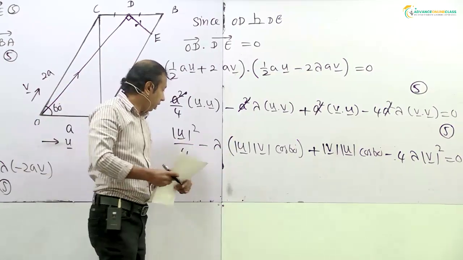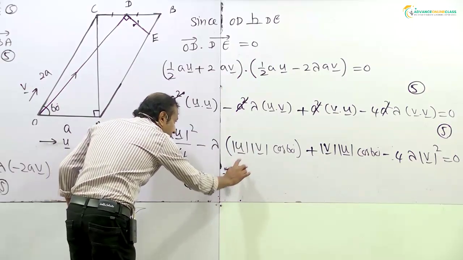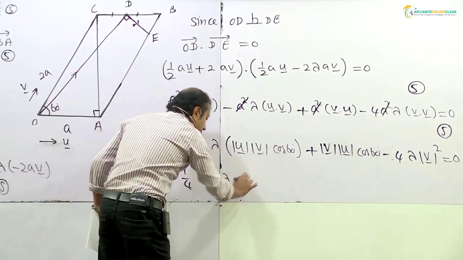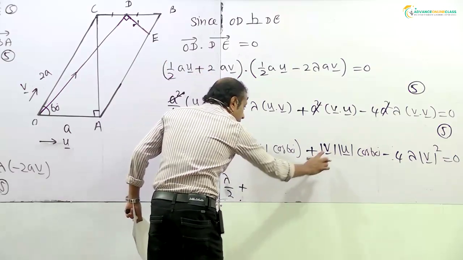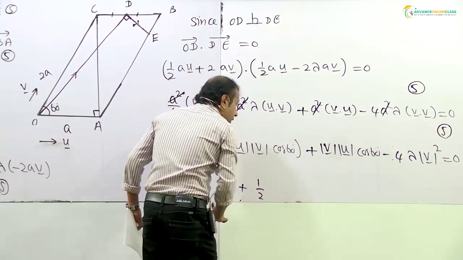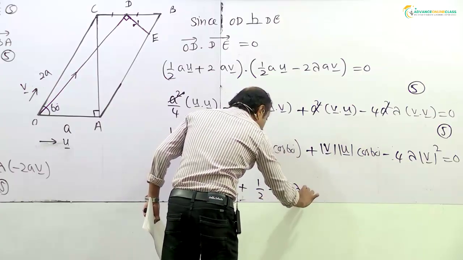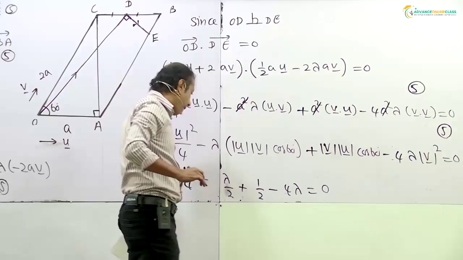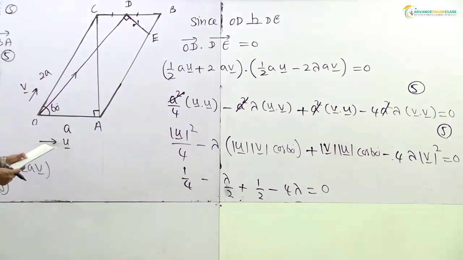We can simplify this, right? 1 over 4, 1, 1, here 60 is half. Lambda by 2, 1, 1, 60 half. 4 lambda, that is 1 squared, 0. By this, we can find lambda. Then we get marks like this.